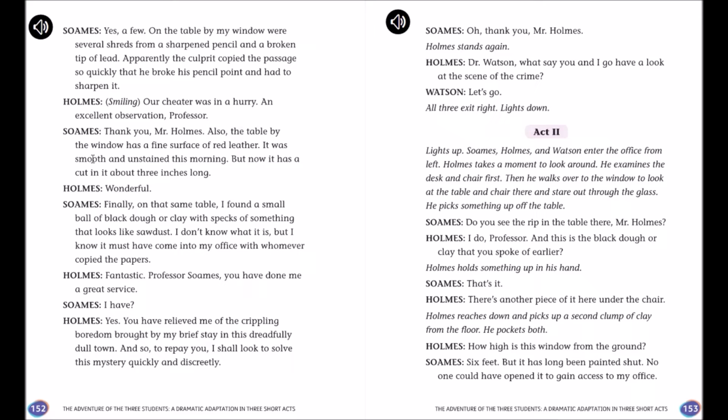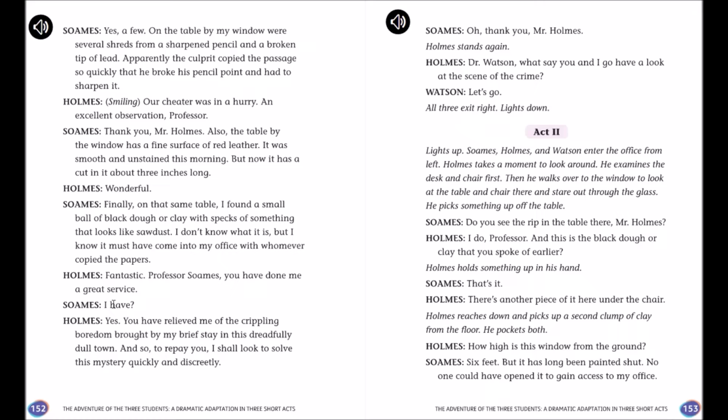It was smooth and unstained this morning, but now it has a cut in it about 3 inches long. Holmes. Wonderful. Soames. Finally, on that same table, I found a small ball of black dough or clay, with specks of something that looked like sawdust. I don't know what it is, but I know it must have come into my office with whomever copied the papers. Holmes. Fantastic. Professor Soames, you have done me a great service.